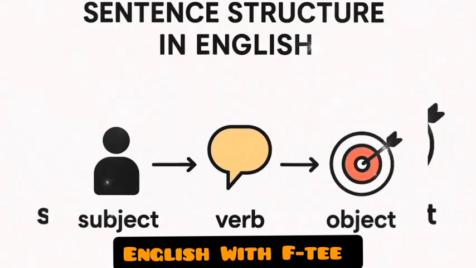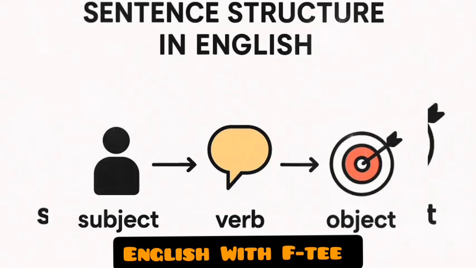Subject verb. The stars are shining. The stars, subject. Are shining, verb. Another example. It is raining. It is the subject. Is raining is the verb. SVO, that is subject verb object.